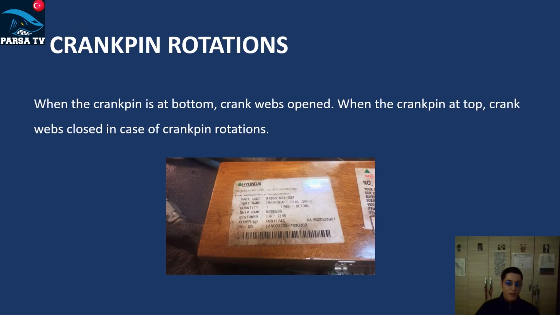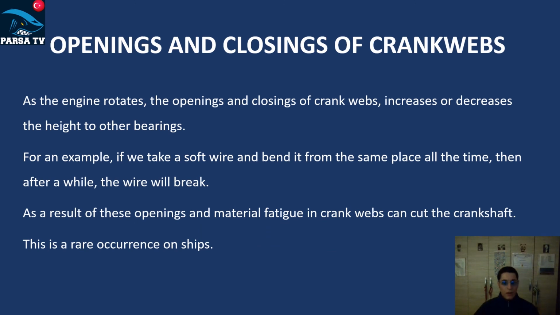Crankpin rotations. When the crankpin is at bottom, crankwebs are opened. When the crankpin is at top, crankwebs are closed. Openings and closings of crankwebs. As the engine rotates, the openings and closings of crankwebs increase or decrease the height to other bearings.